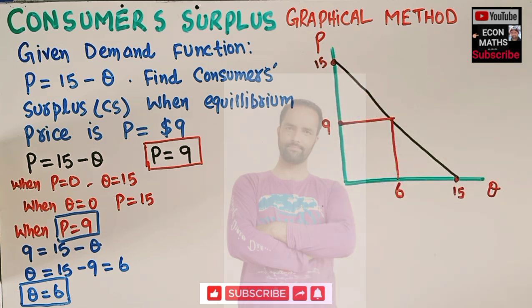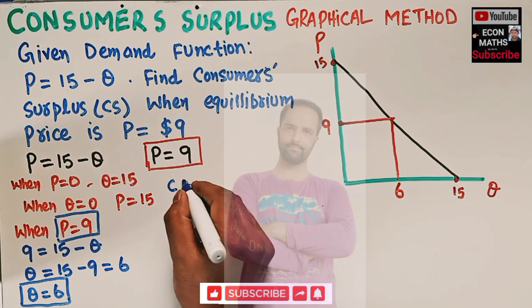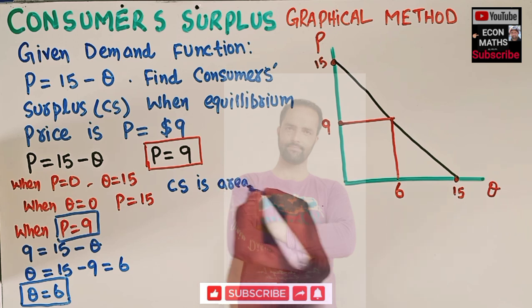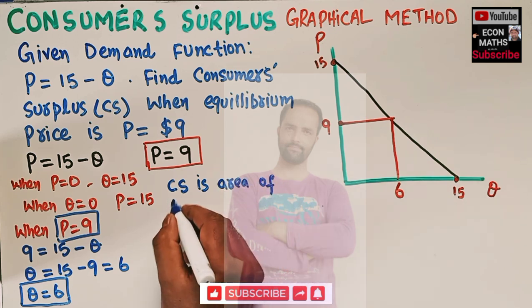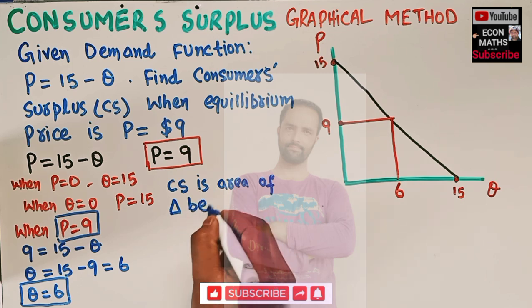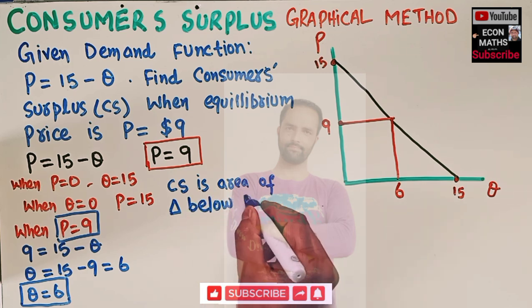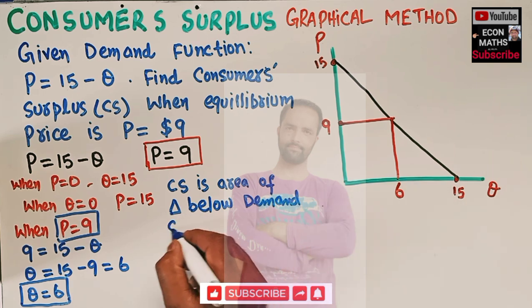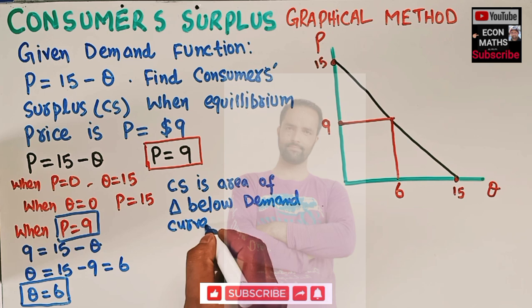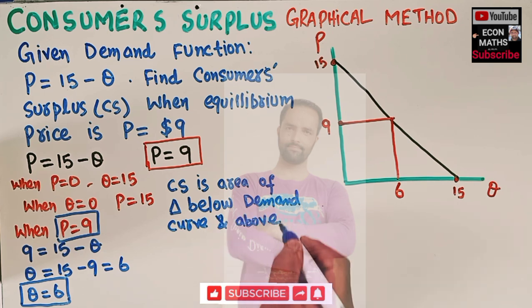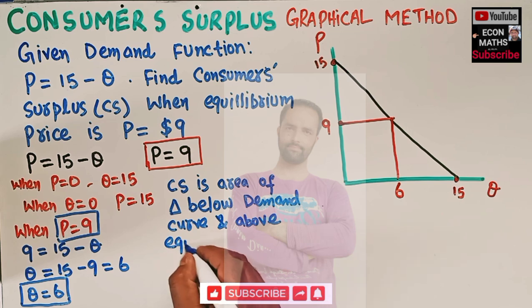And graphically, let me write it here, consumer surplus is the area of the triangle below the demand function or demand curve, and above the equilibrium price.